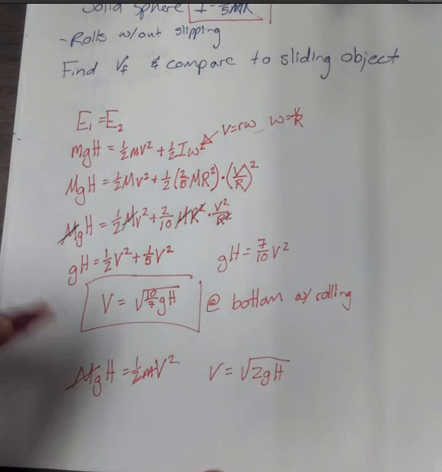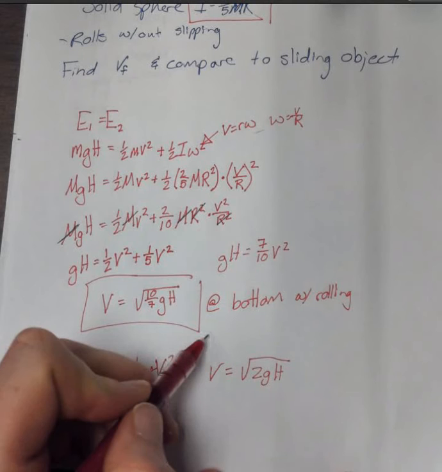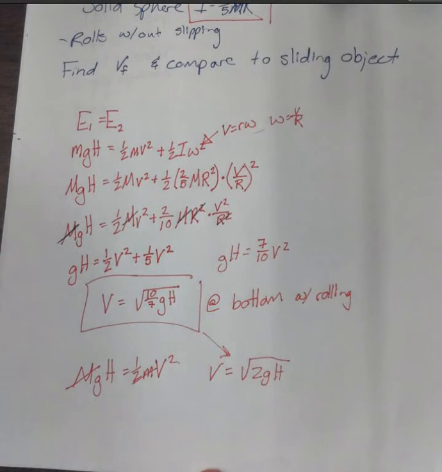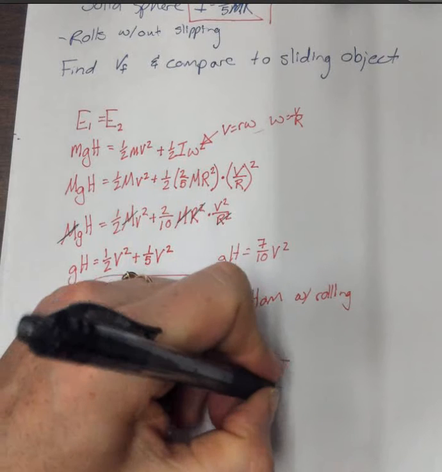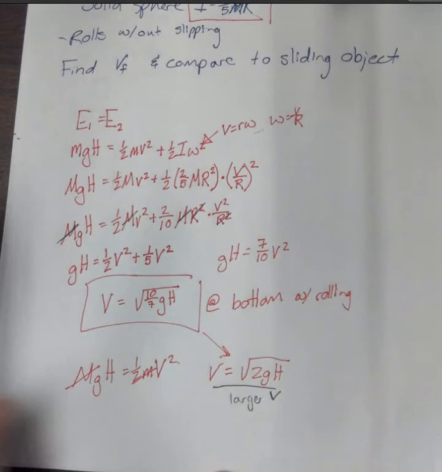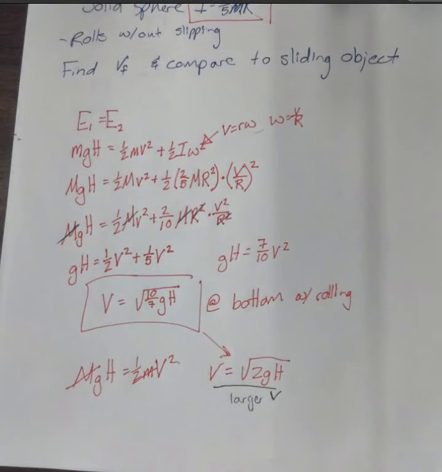And so you can see that this velocity right here is the larger velocity. Alright, so that means that objects that slide instead of roll down a hill have a higher linear velocity than objects that roll down a hill.